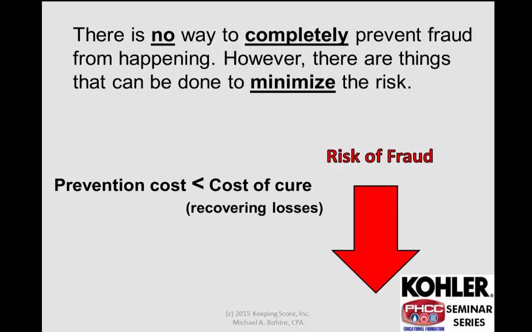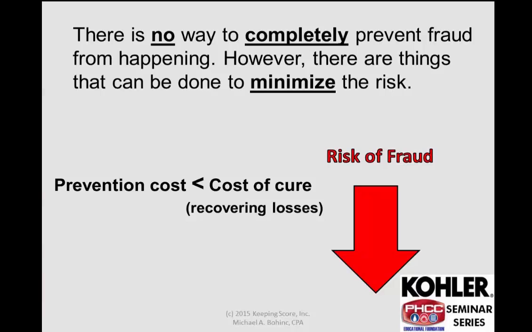We do the best we can to minimize the risk, and we have to balance minimizing the risk of theft of inventory, let's say, against the cost to implement that internal control. So cost of prevention versus the cost of cure. And normally, in most cases, the cost of the cure, which is recovering the losses, is much higher than the prevention cost. So better to prevent it rather than detect it and then deal with fixing it.